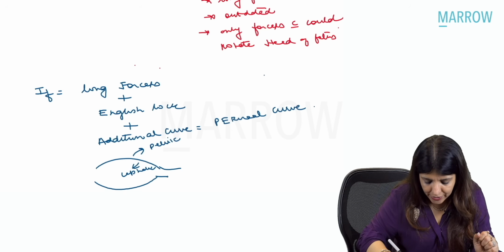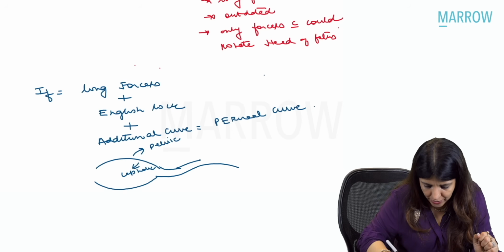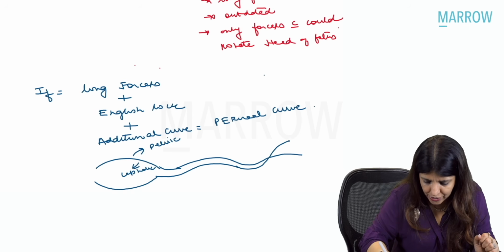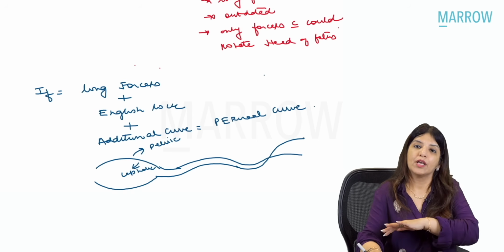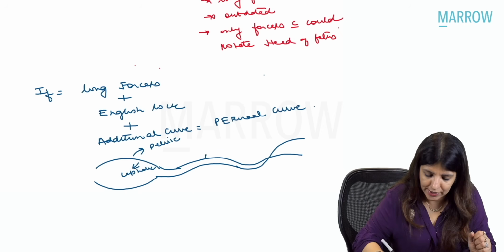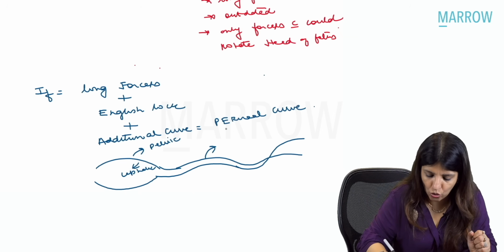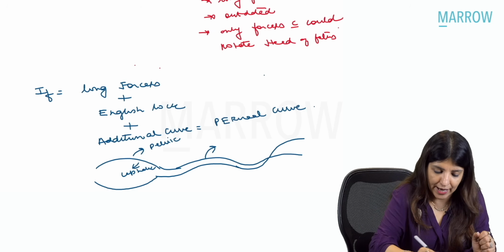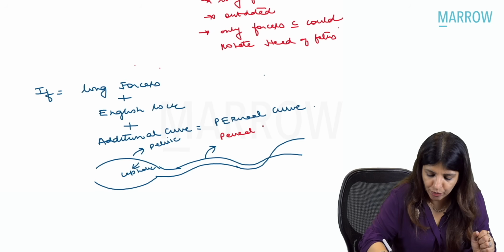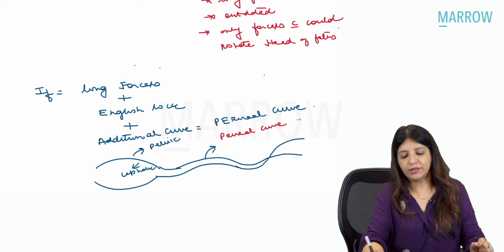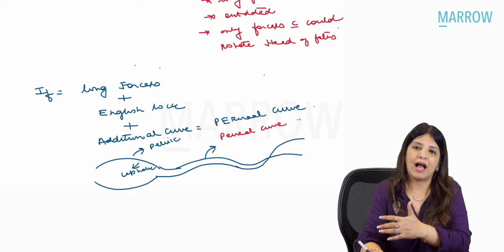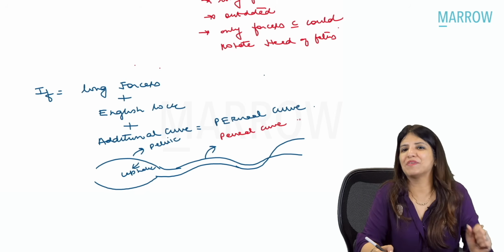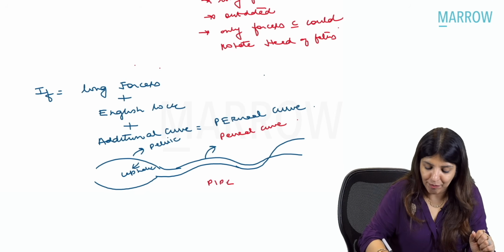Now, if you are getting a forceps where there is an additional curve and it has an English lock, this additional curve is called perineal curve. Then that means you are looking at, my drawing is bad, Piper's forceps.